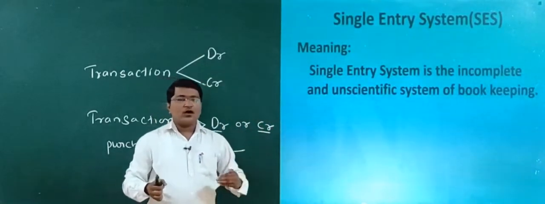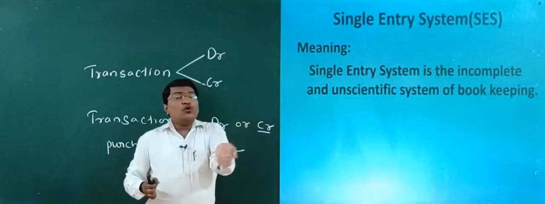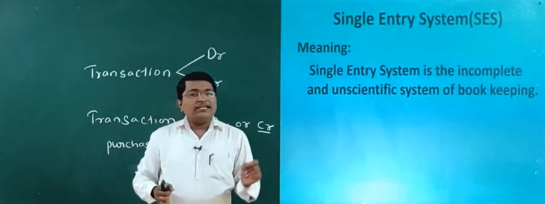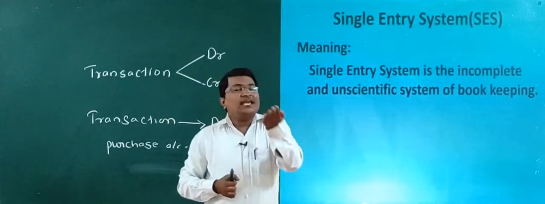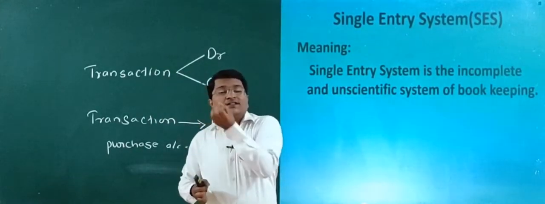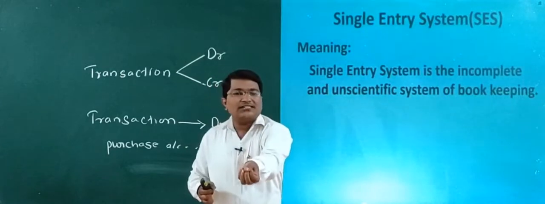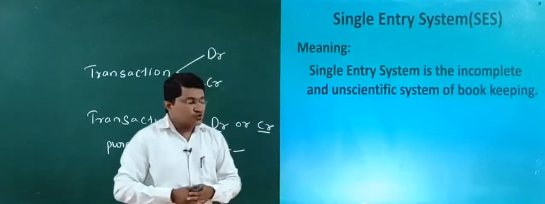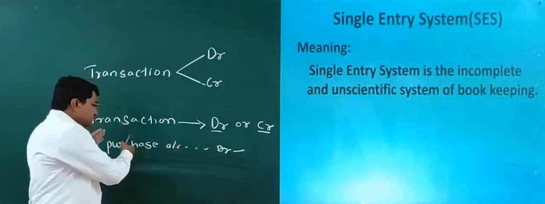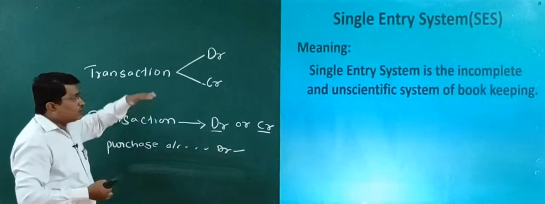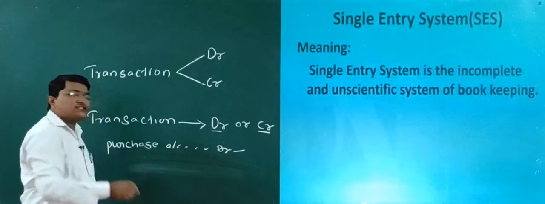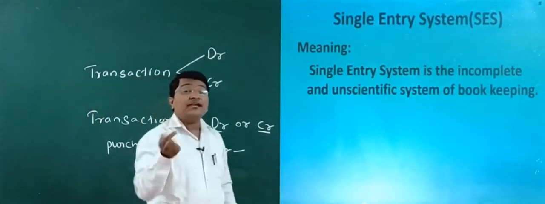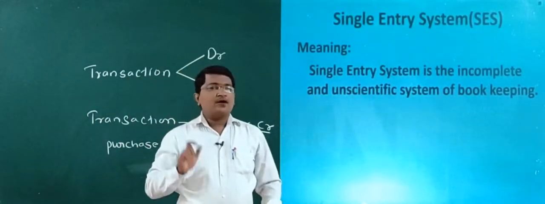When something does not use any principle or rule, we automatically call it unscientific. So single entry does not follow the principle or rule of accounting, so it is called an incomplete and unscientific system of bookkeeping.